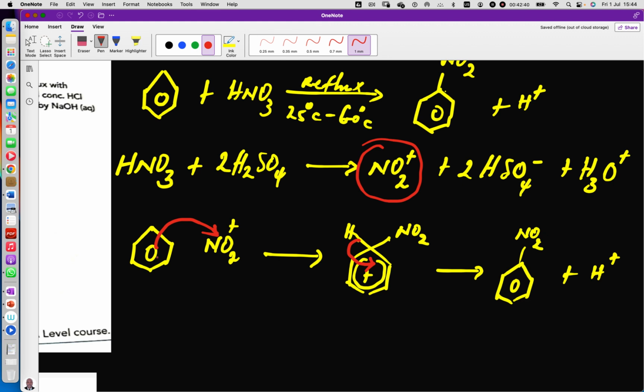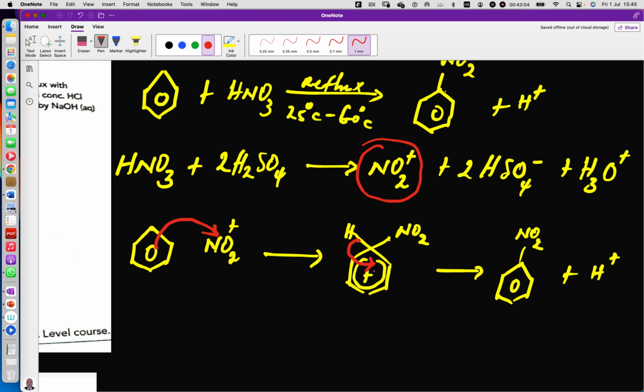And because they have the localized pi electrons in here, a pair of electrons is donated from the ring to this nitrogen of the nitronium ion to form the bond here.